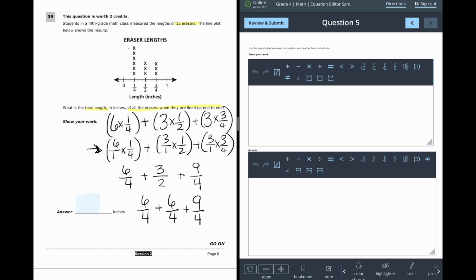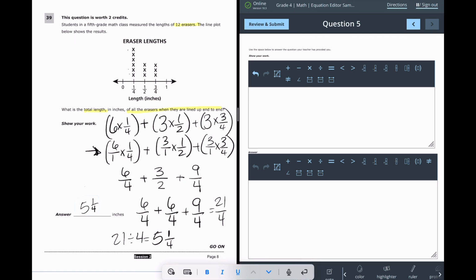And when I add all of these up together, 6 plus 6 is 12. 12 plus 9 is 21/4. So I keep the 21/4, but I do want to change it to a mixed number. So I would do 21 divided by 4 is 5, and my remainder is 1/4.